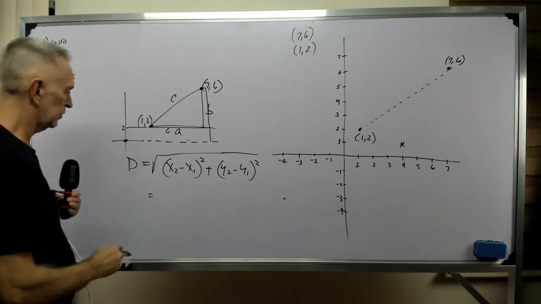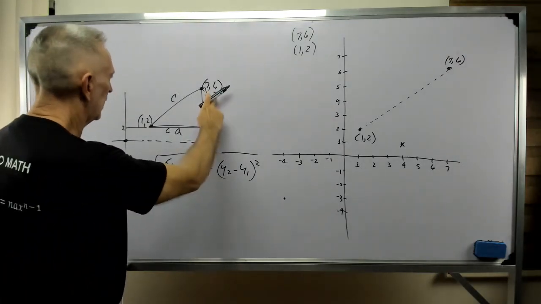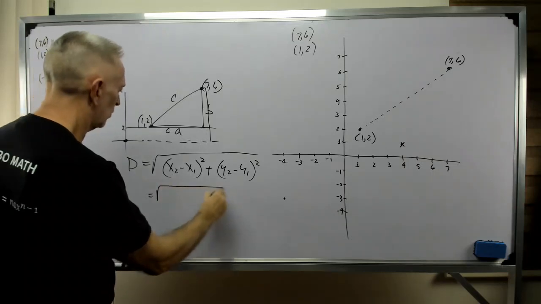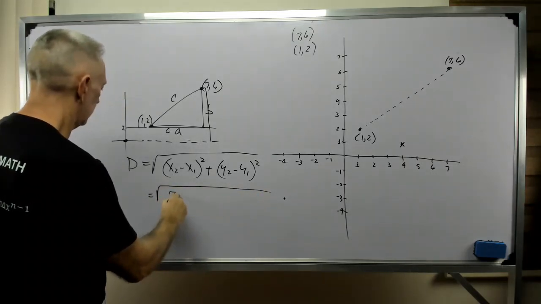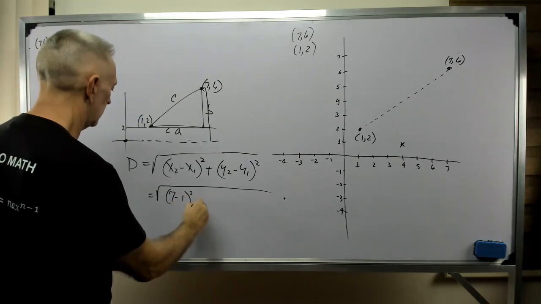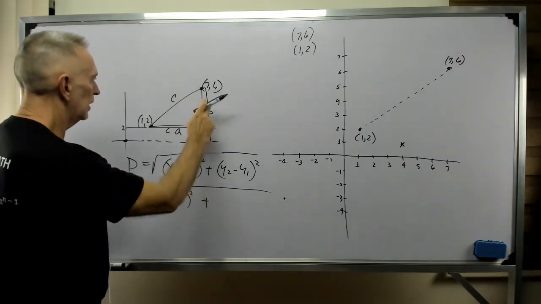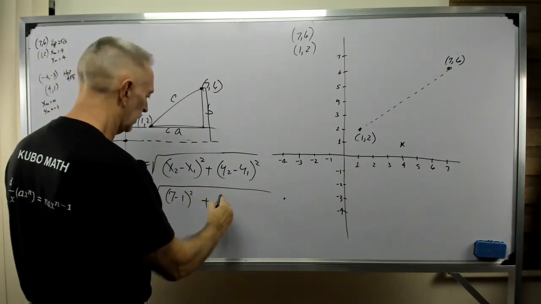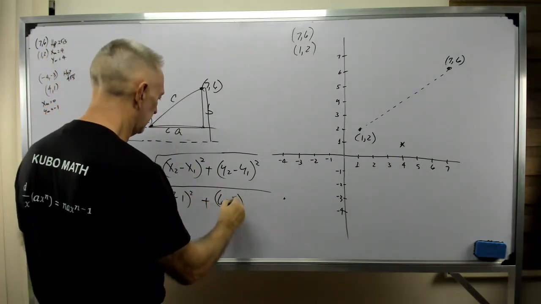So in our case, what does that look like? We had 7 minus 1, so the square root of 7 minus 1 squared plus y sub 2, which was 6, minus 2, squared.